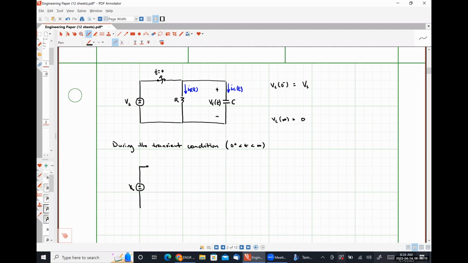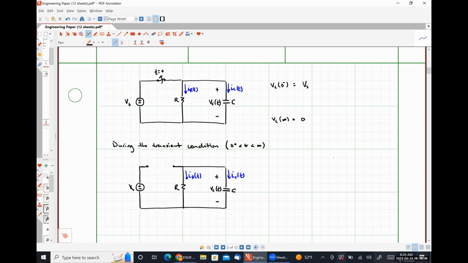Here's our voltage source. We have an open circuit because our switch is open. Here's our resistance R. Here's our capacitance C. Here is VC. Here's IR. Here's IC.